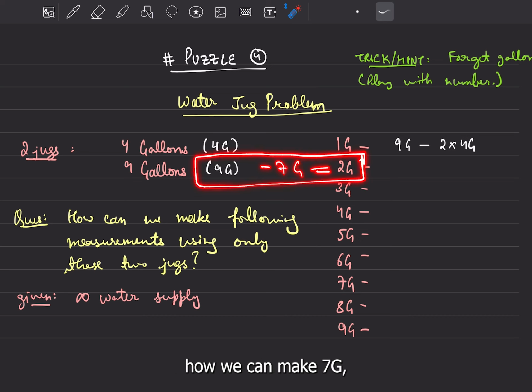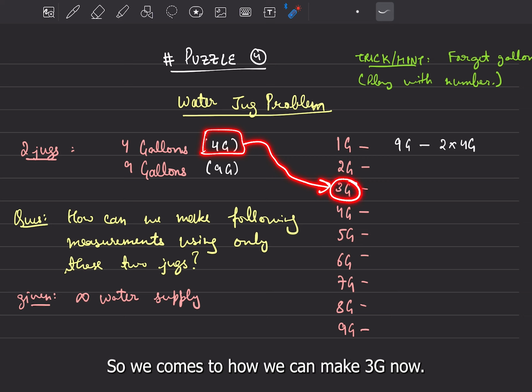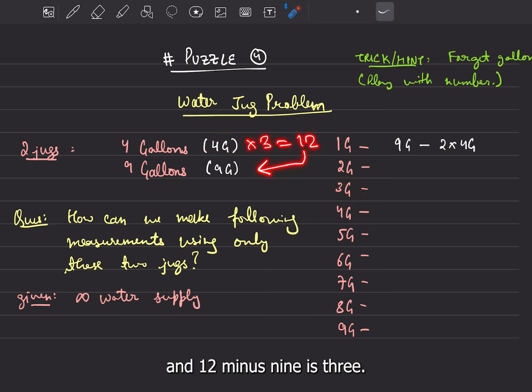Now we have to think how we can make 7G. For 7G, we have 4G and we need to add 3G. So how can we make 3G? We know that 4 times 3 is 12, and 12 minus 9 is 3.